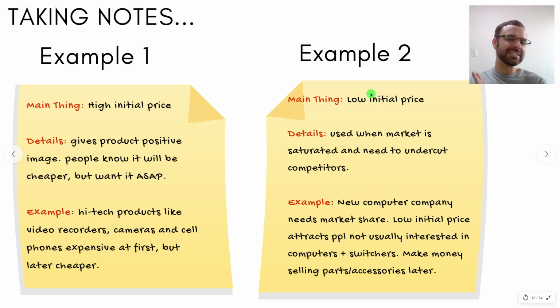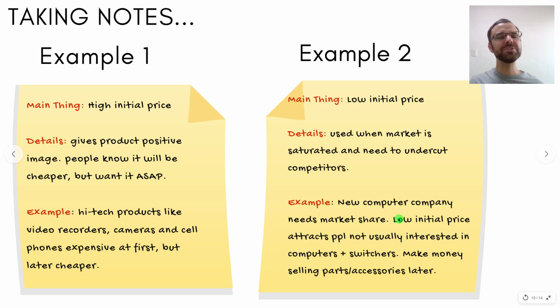Over here, it's the second example. I've got the main thing at the top, which is a low initial price. And then I get the details about how it's used when the market is saturated and a company needs to undercut competitors. And then I get the real life details about a new computer company.